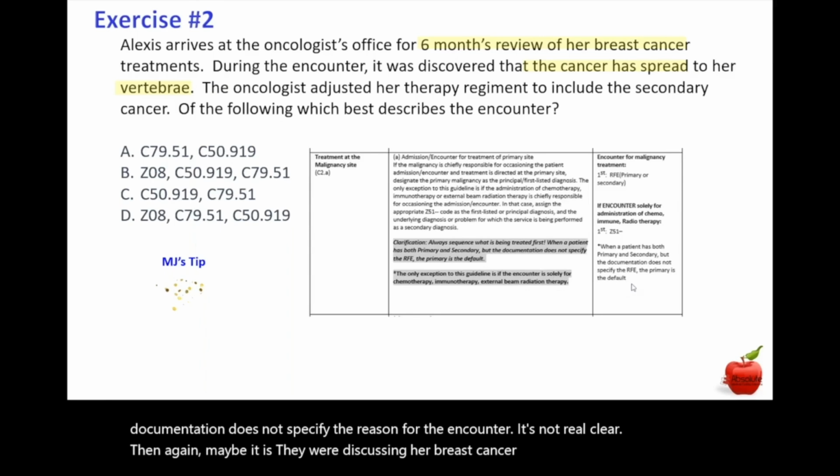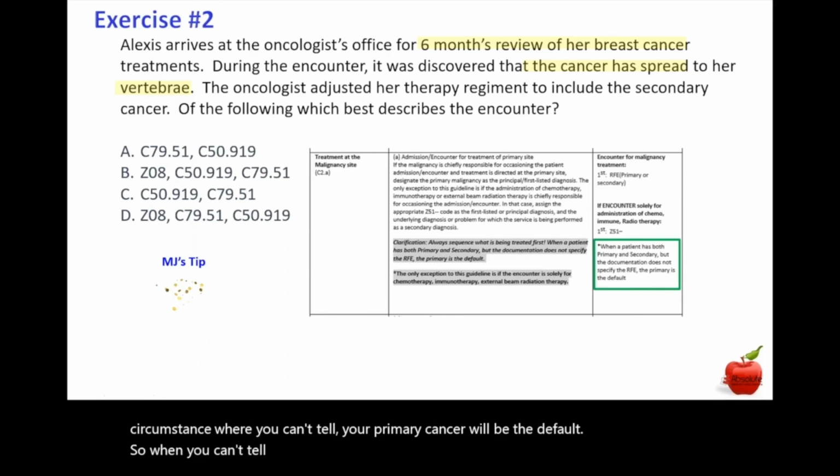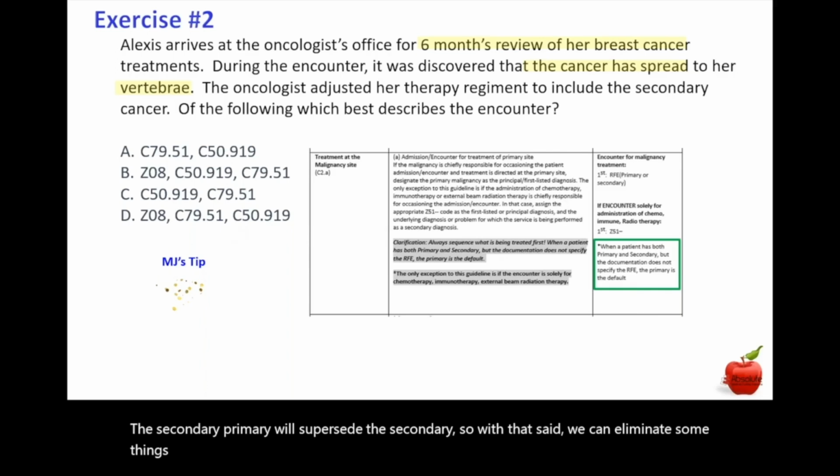But if you have a circumstance where you can't tell, your primary cancer will be the default. So when you can't tell or you don't know, primary is your default. Primary will supersede the secondary. So with that said, we can eliminate some things, right? On sight. Go ahead, coders, type in the chat.